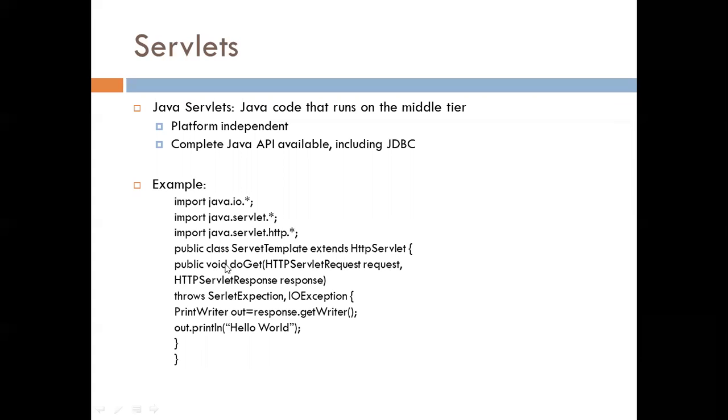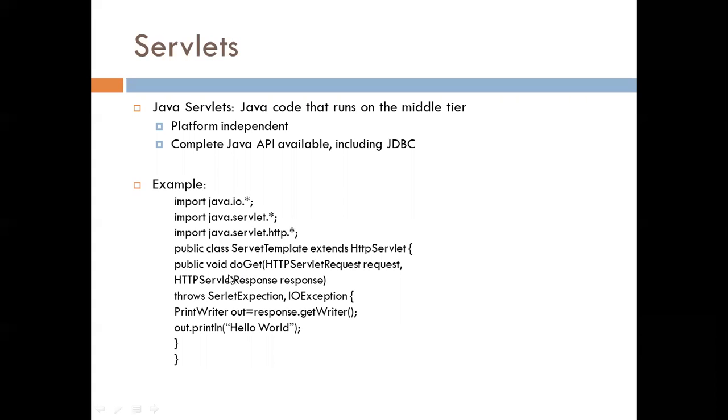One method is public void doGet. If we send a GET request, it will be forwarded to the doGet method. If it is a POST request from an HTML form, it will be transmitted to doPost. Just like doGet, we can have doPost for a POST request.